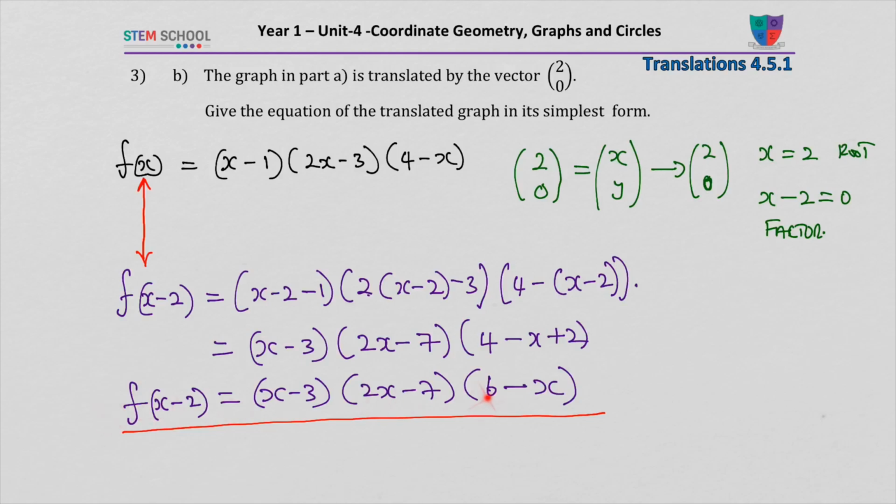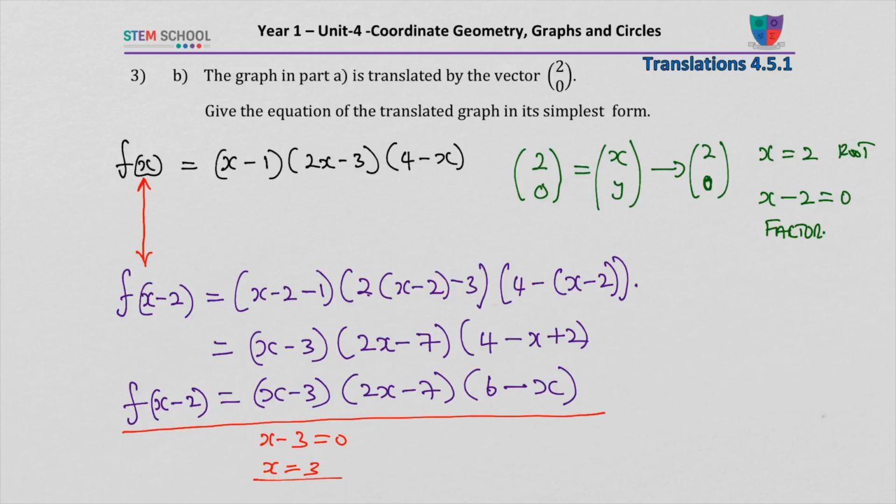Now for part 3c, we need to sketch the graph here. Because if we are to sketch the graph, these are factors of the graph. We've got 3 factors and it's still cubic. And so what we need to find are the roots. So to find the root, we need to set it to 0. x minus 3 equals 0, and that implies x equals 3.